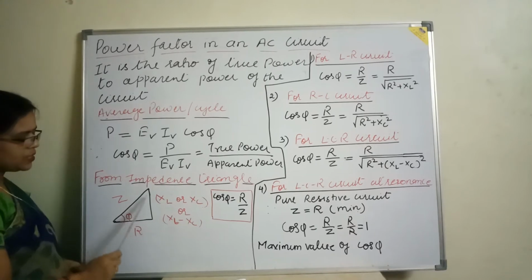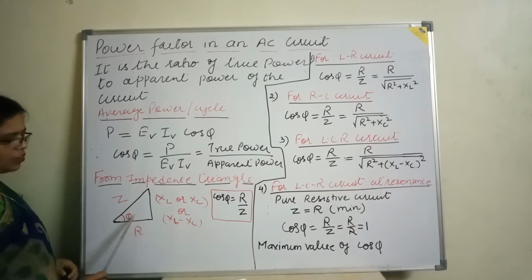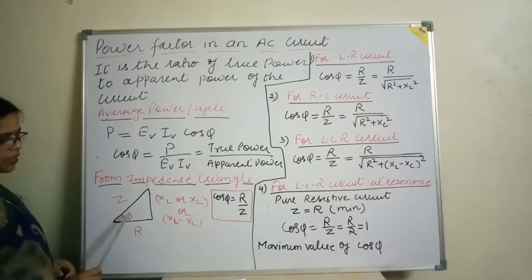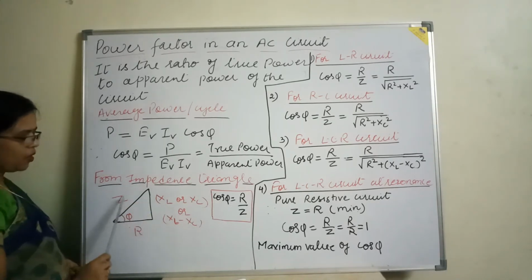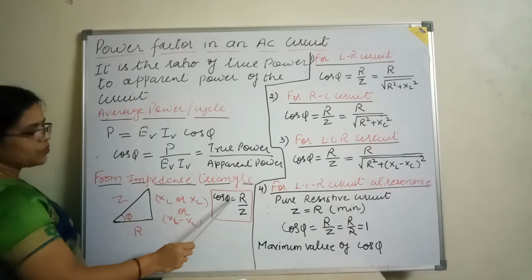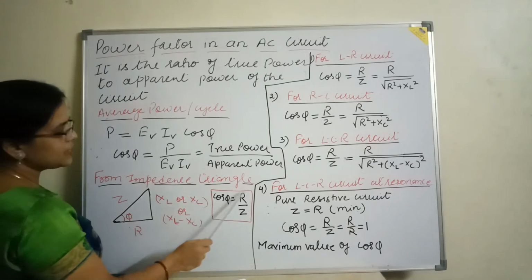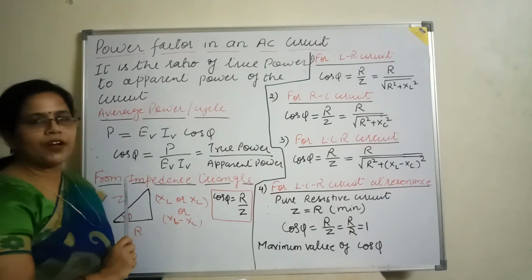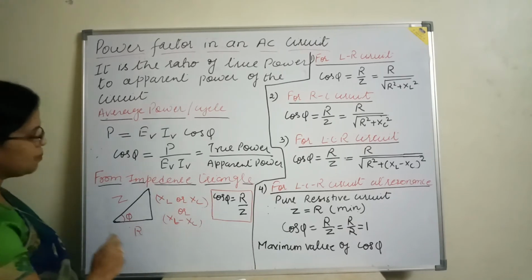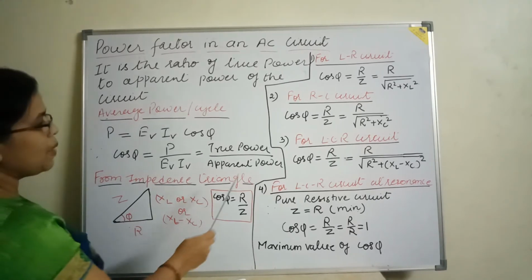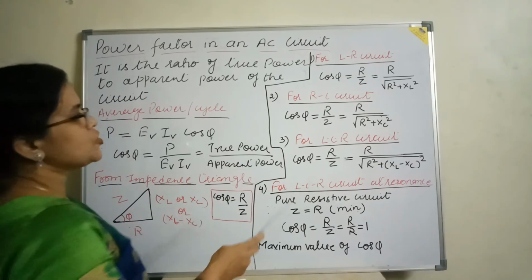So from this right angle triangle, the value of cos phi comes out to be R upon Z. So cos phi is equal to R upon Z. It is the general expression of the power factor, and from this impedance triangle we will apply it for the different combination circuits.